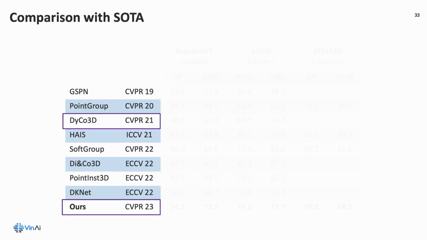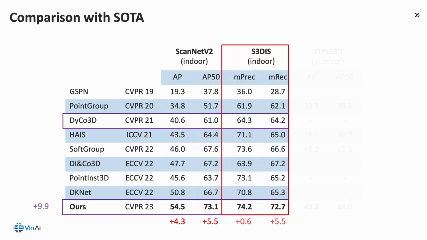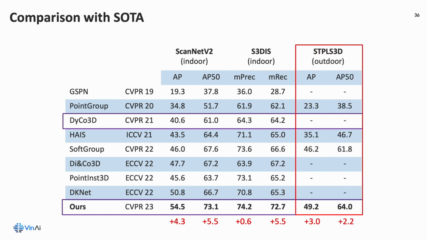Here, we show the quantitative results of our ISBNet and other methods on ScanNet v2, S3DIS, and STPLS3D. It can be seen that compared with our baseline, DyCo3D, our method significantly outperforms by a large margin. Moreover, ISBNet achieves state-of-the-art results on 3 datasets, consistently surpassing recent methods, such as SoftGroup and DKNet, in all metrics.